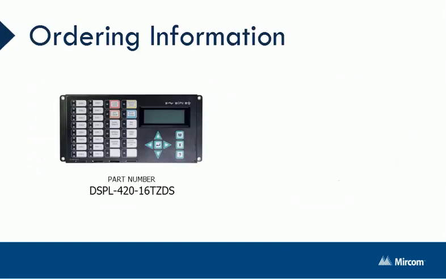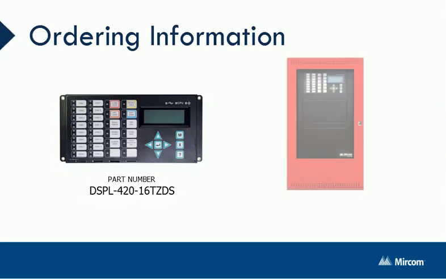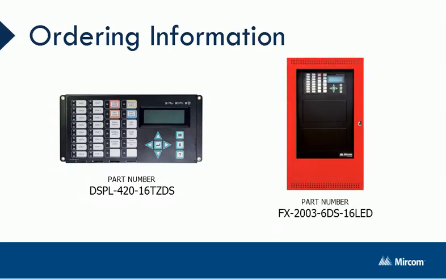The DSPL 42016 TZDS can be purchased in two ways. It can either be purchased on its own to take advantage of the additional 16 LED zones of enunciation with the part number DSPL 42016 TZDS, or it can also be purchased as a kit, which consists of an FX2003 chassis, an FX2000 mainboard, and also a 6-amp power supply.